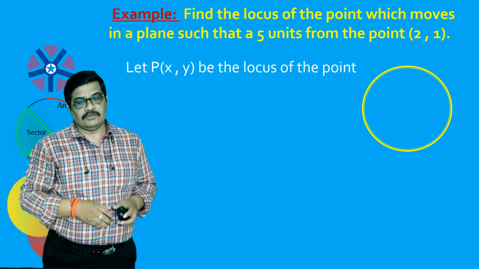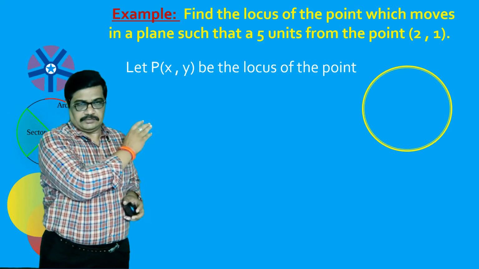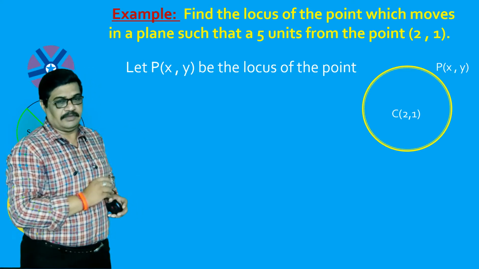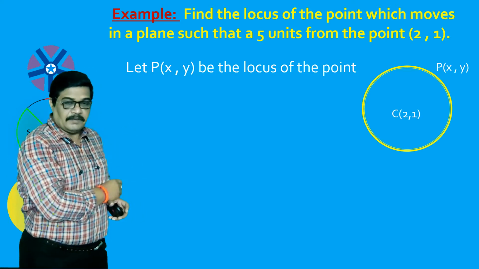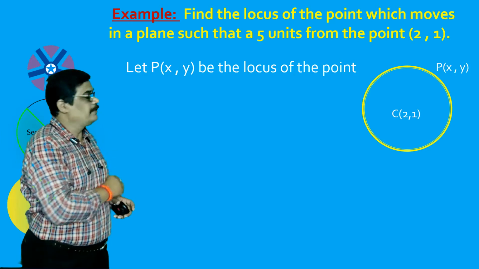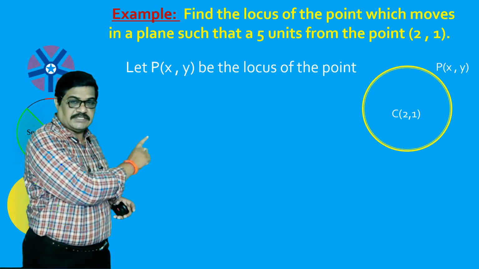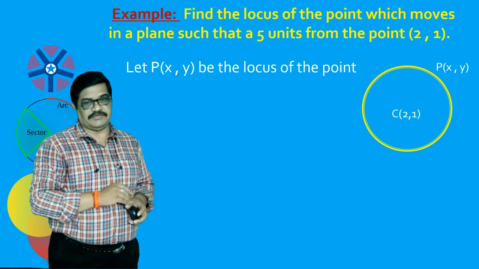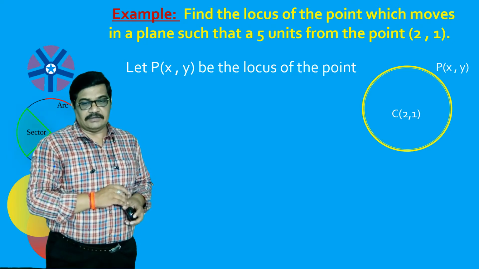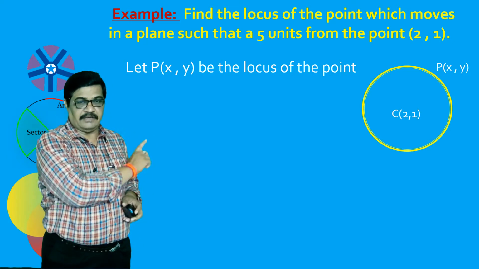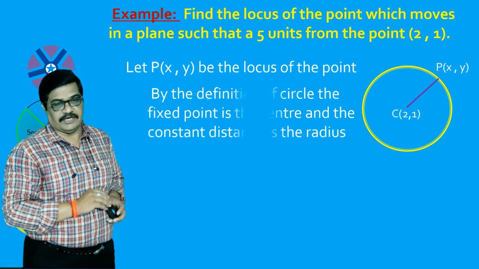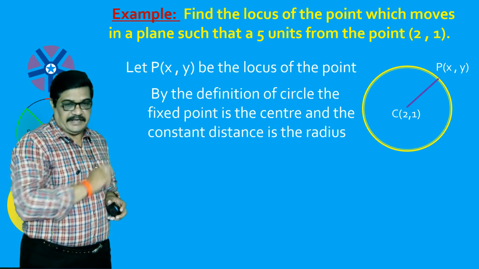Now we find the locus of P. See the diagram. P(x, y) is any point on the locus, C is (2, 1), the fixed point, and the constant distance CP is 5 units, that is the radius.